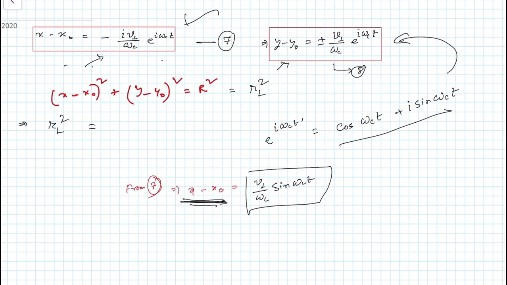Then from equation number 8 we will obtain y minus y naught.